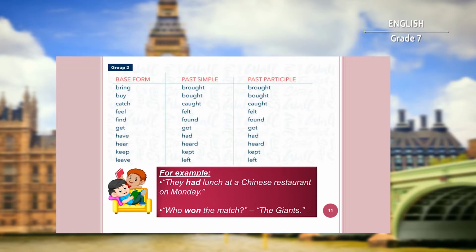For example, they had lunch at a Chinese restaurant on Monday. Who won the match? The Giants.